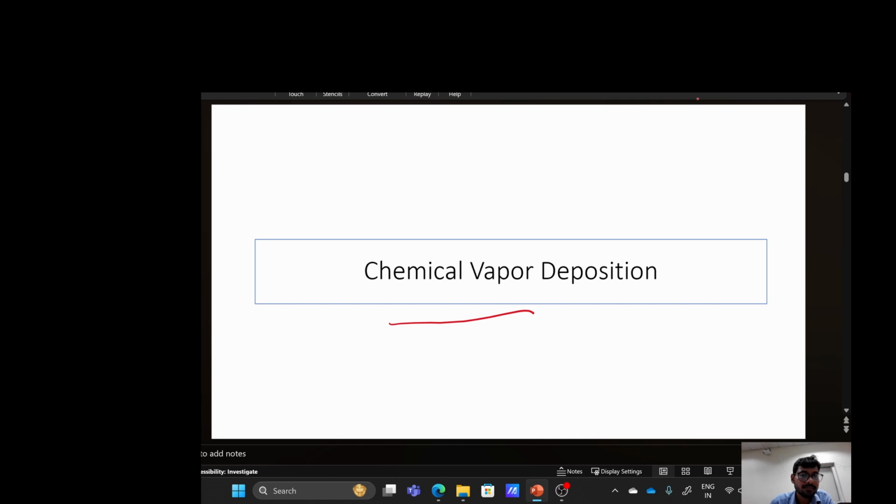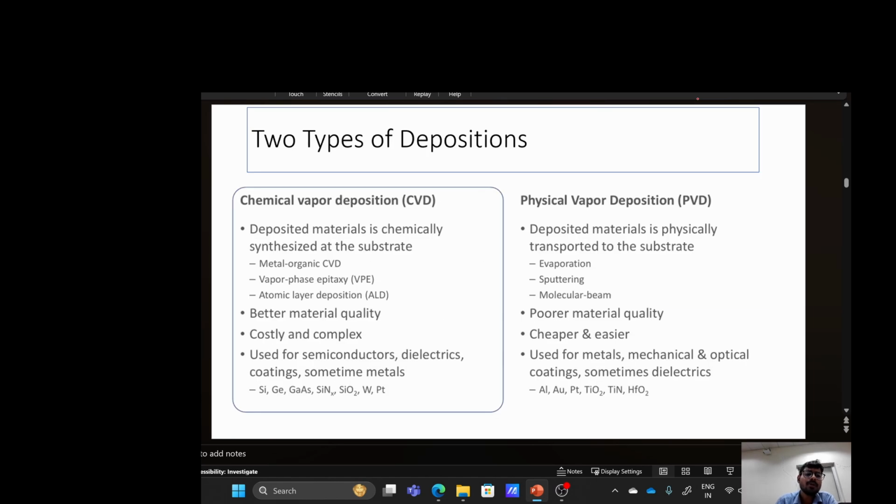So in chemical vapor deposition, we use some kind of precursors. What we are going to deposit, like silicon on silicon epitaxial growth, you can do, or any other kind of thin film growth you can do. There are two kinds of deposition: one is chemical vapor deposition and another is physical vapor deposition.